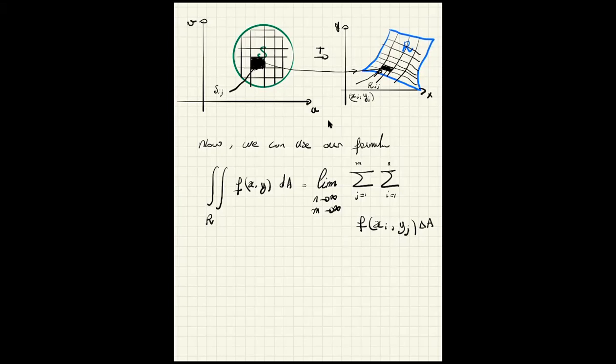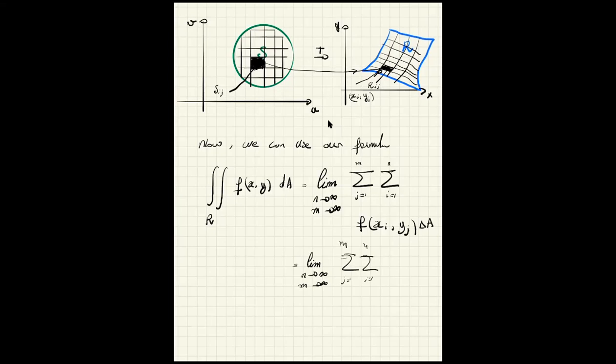So we have the rectangle R. Now what are x_i and y_j? Remember, these were u0, these were x0 and y0 when we had this very small rectangle. So now we can change the variable. What is x_i?